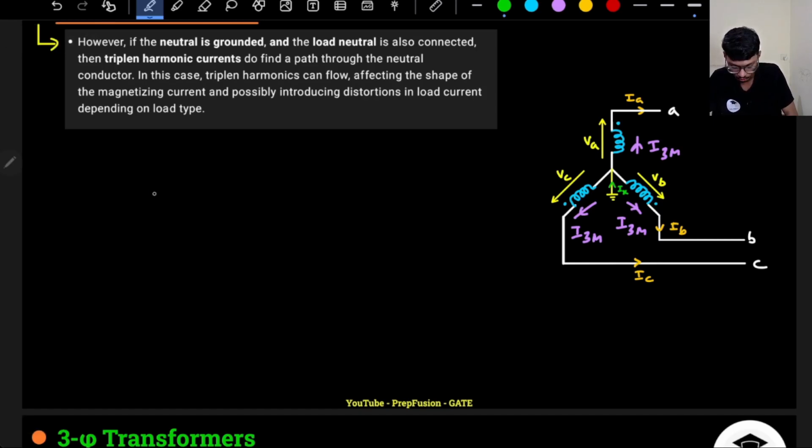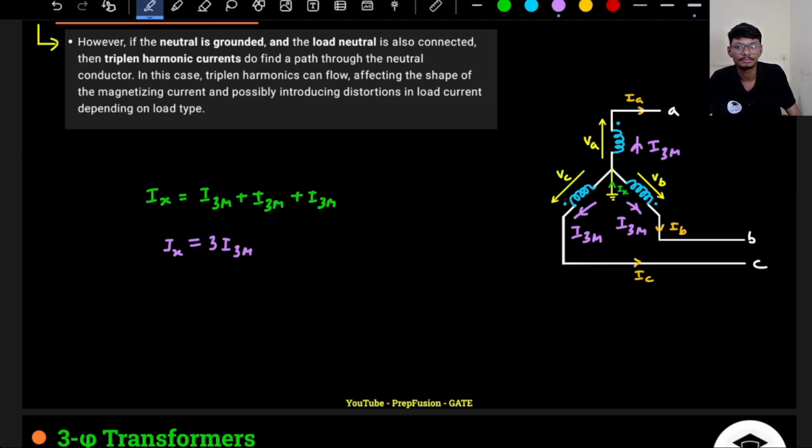If I apply the KCL, Ix will be equal to I3m plus I3m plus I3m, which is 3 I3m. So Ix will be equal to 3 I3m. So in this case, if the neutral is grounded, third harmonic currents will flow.